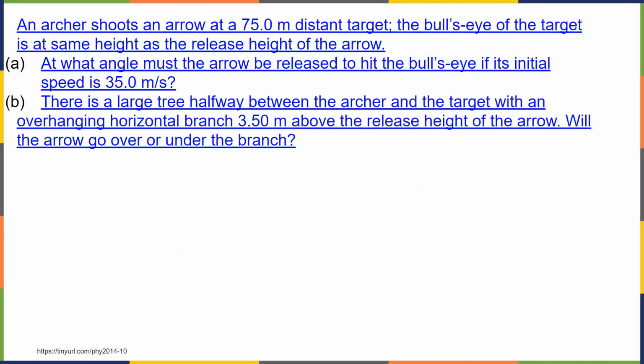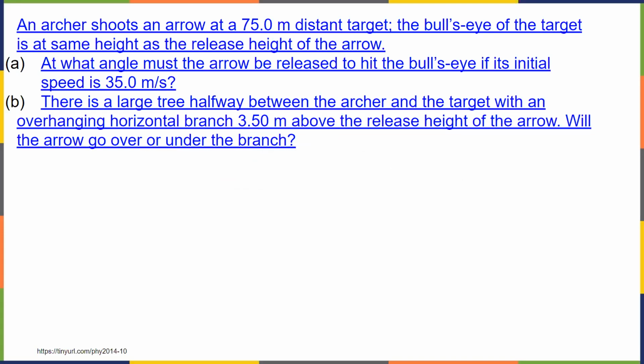So this one says an archer shoots an arrow at a 75.0 meter distant target. The bull's eye of the target is at the same height as the release point of the arrow, okay? So in this case, the arrow's initial and final elevation are the same.